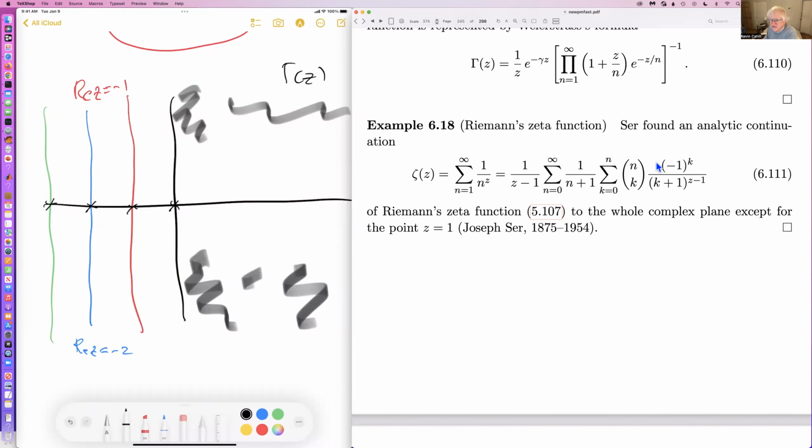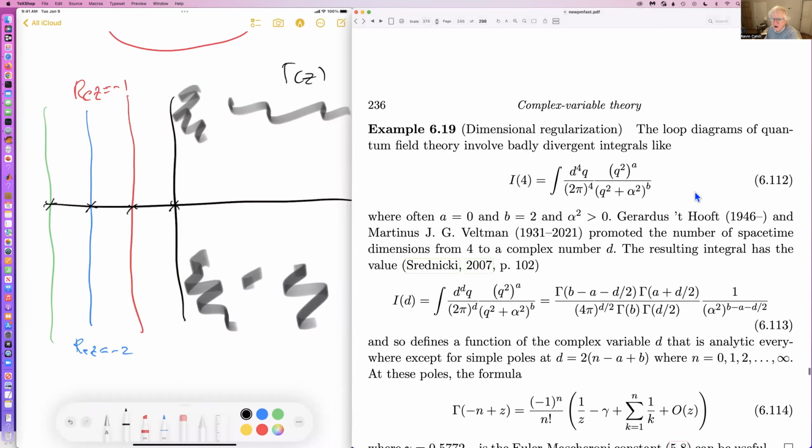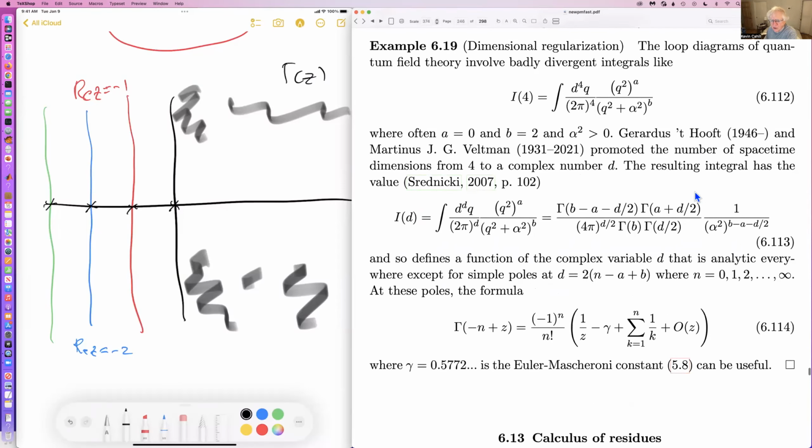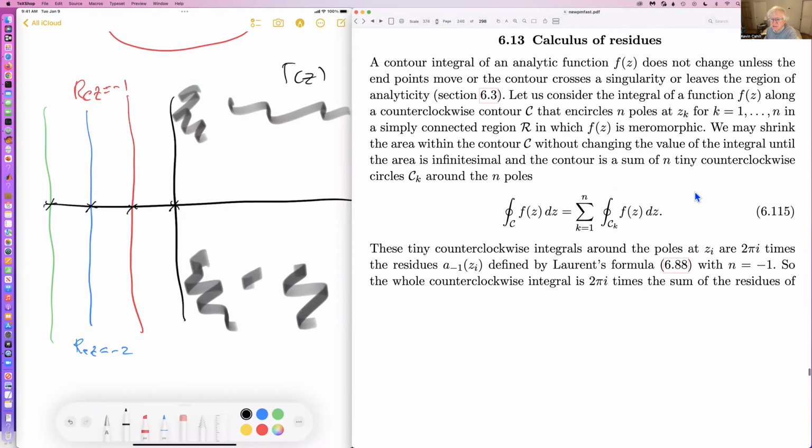It turns out the zeta function could be written in this strange way. Well, I don't know why I brought that up, or this. I think we can skip both of them.